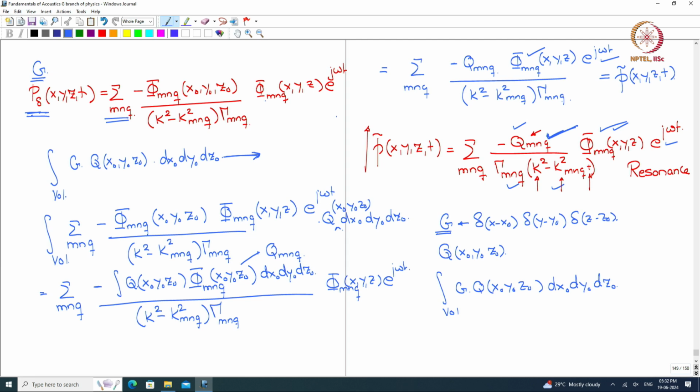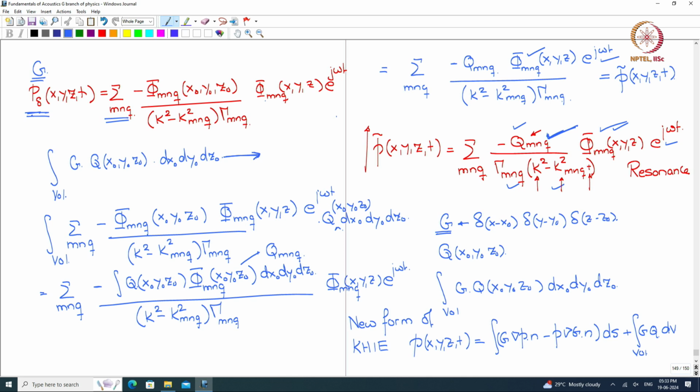Therefore the new form of the KH integral equation with a source is: p at x, y, z comma t is the integral of g del p dot n minus p del g dot n over the surface, plus an integral over the volume g q dv.